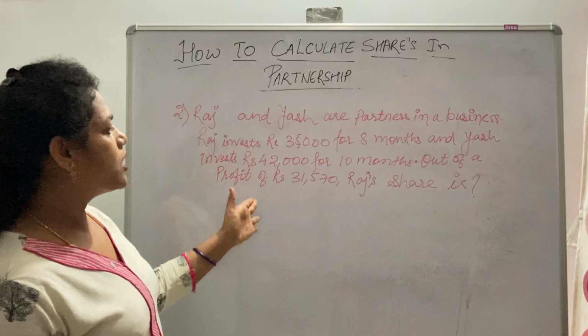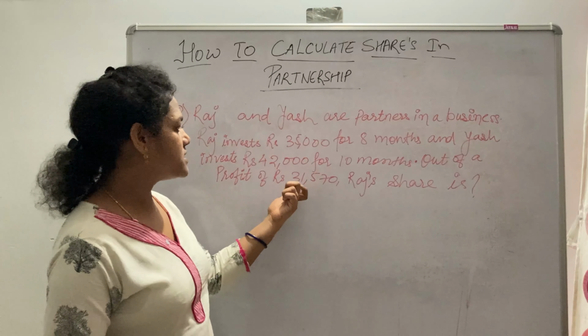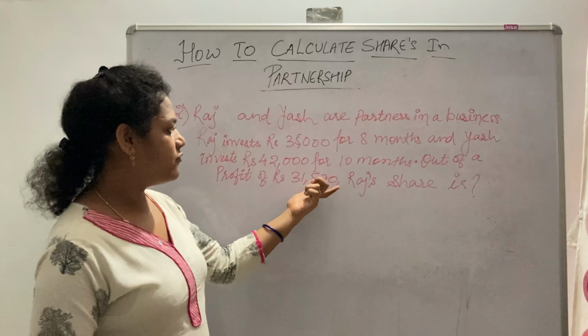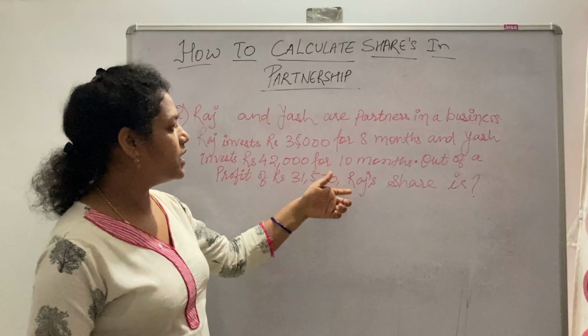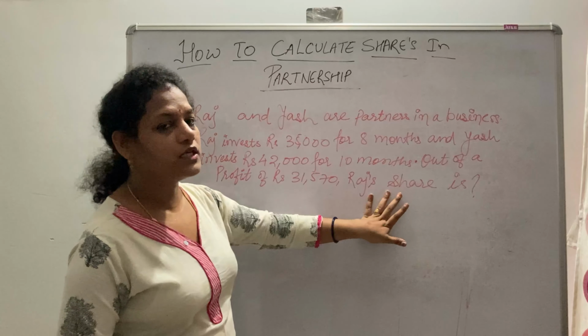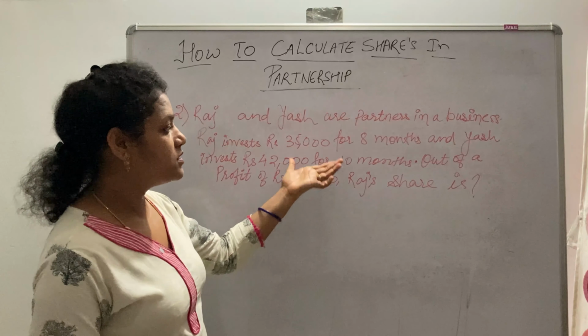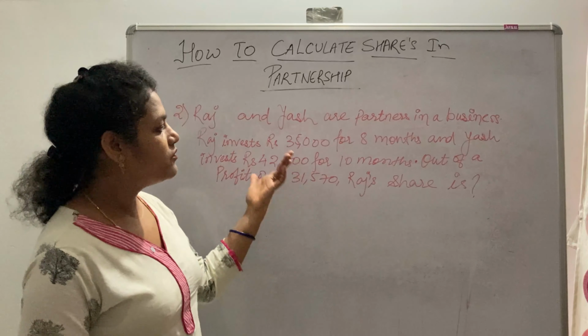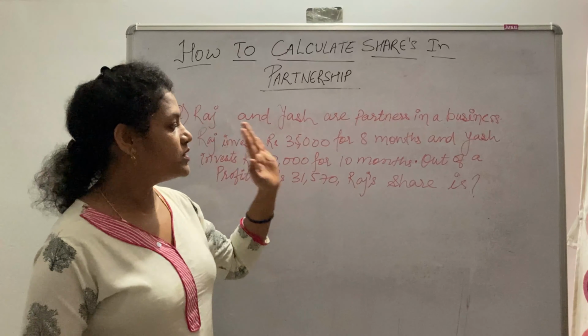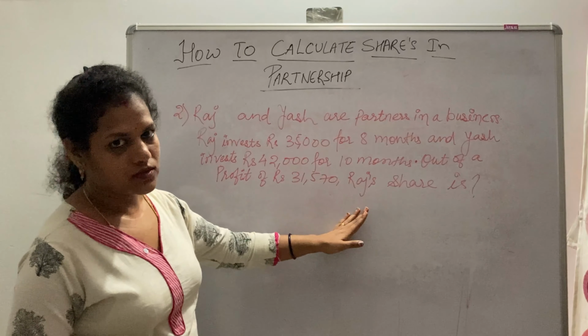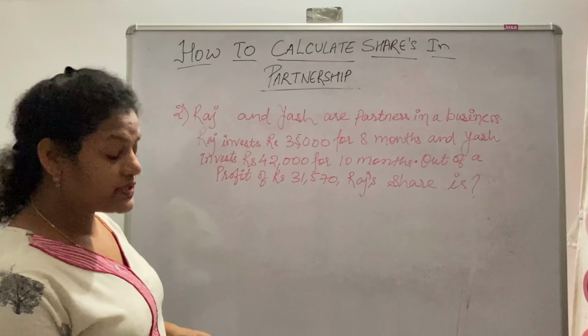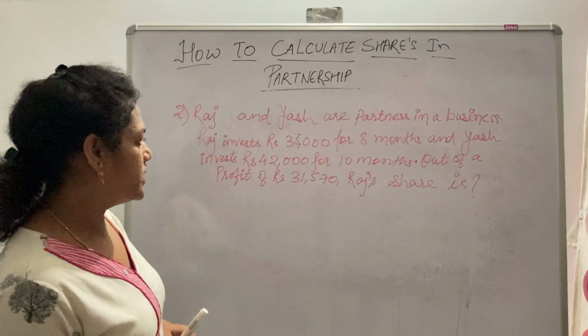They got a profit of 31,570 rupees. We have to find how much is the share for Raj. We have to calculate only the share that belongs to Raj. So we will see how we can calculate.